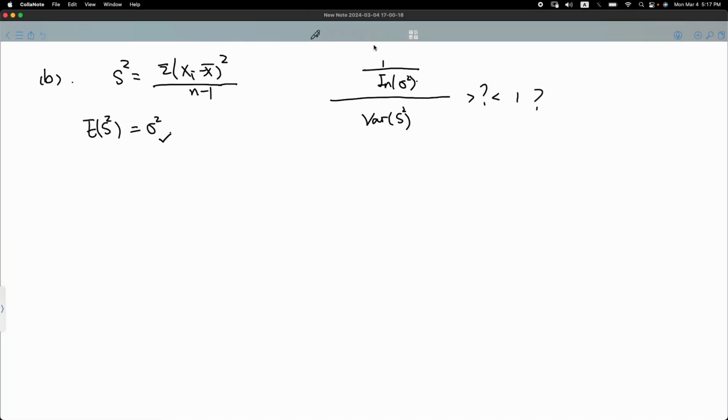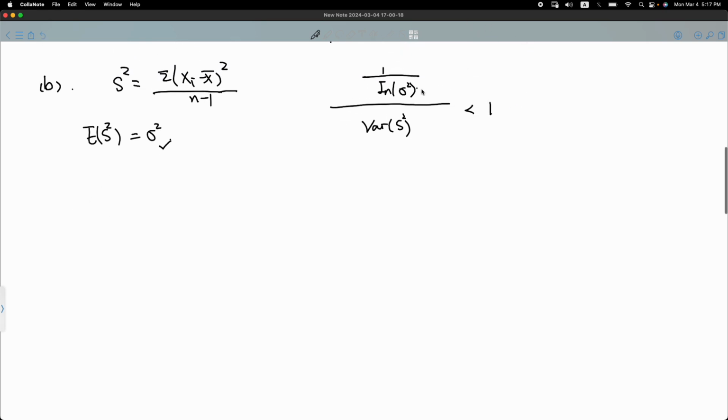Okay, so this is what we are going to do. Once we set up the question, now we just need to calculate the numerator and the denominator for these two terms. So maybe let's calculate the Fisher information, which is the numerator here.